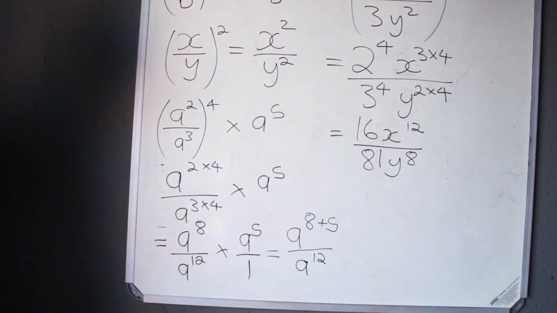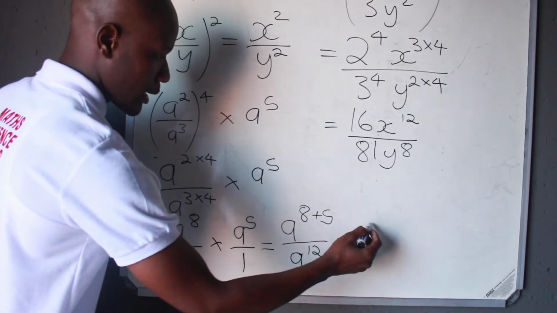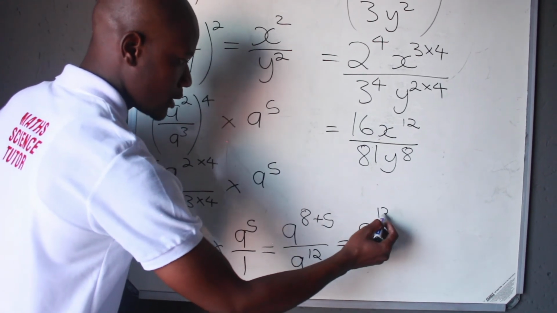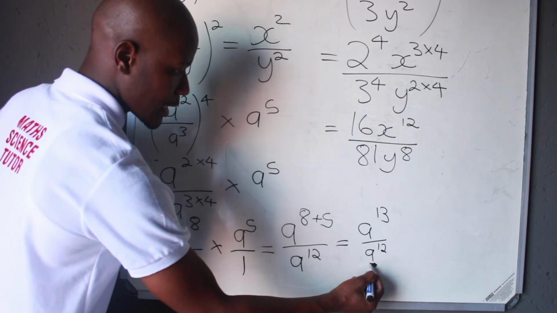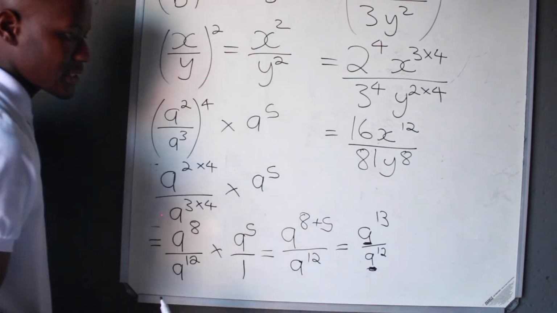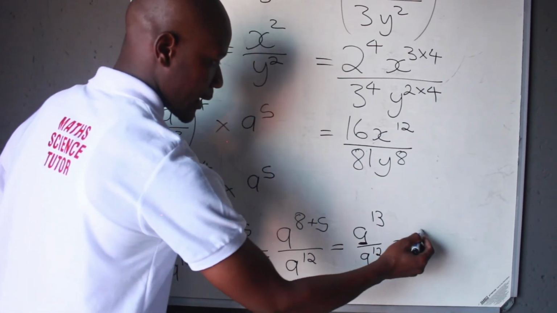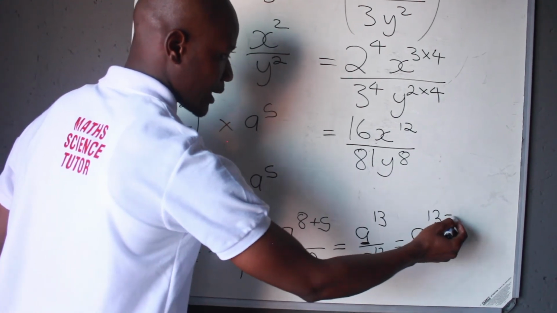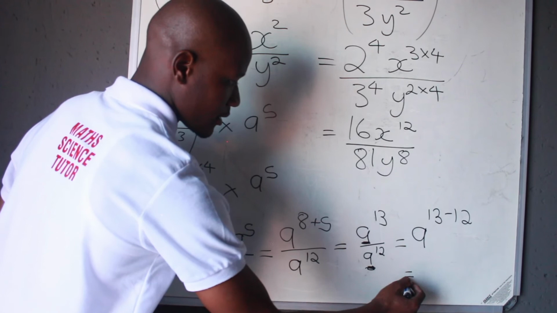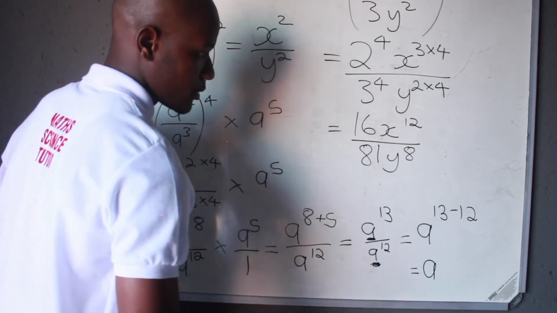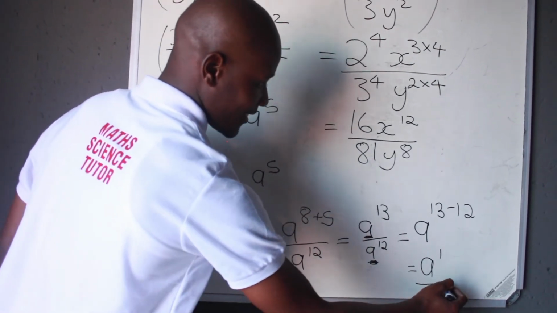So 8 plus 5 is a to the power 13 over a to the power 12. When we are dividing same base, we minus the exponents. It is a to the power 13 minus 12, which is a to the power 1.